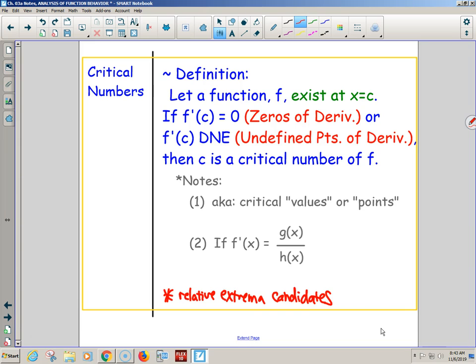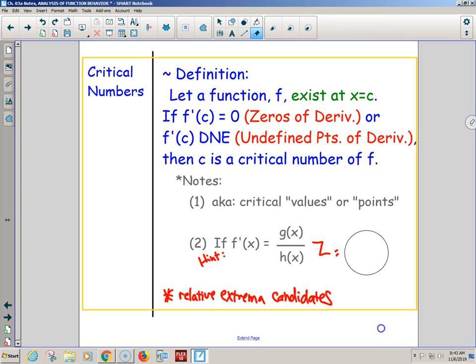Okay, it gets a little bit tricky. But let me give you one hint for one particular type of function. If you have a rational function, now I know that's not every single possible function out there, but if you have a rational function, where do DNEs show up? What could make a fraction not exist? Over 0. Good. So if something has a denominator, I can set that bottom equal to 0.